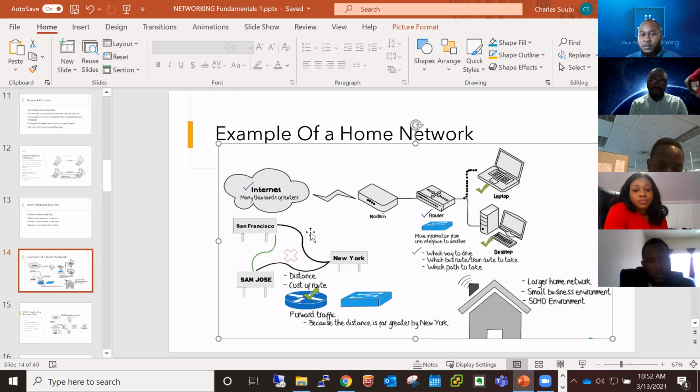For instance, let me give you an example. Assume someone wants to drive from San Francisco to San Jose. Would it make sense to go from San Francisco to San Jose, or would it make sense to go from San Francisco to New York and then to San Jose?